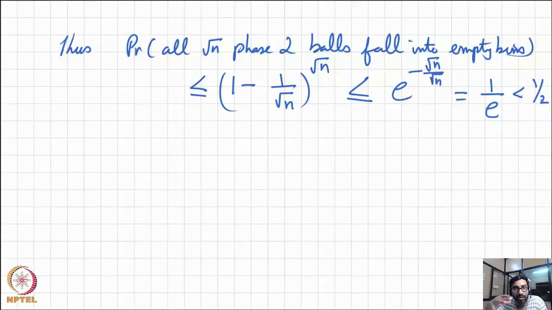We're making a few pessimistic assumptions that make it clear how the phase 2 balls behave, and the square root of n, the asymptotic limit at least, comes out very cleanly.